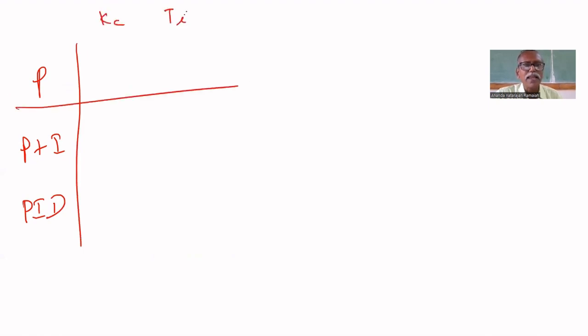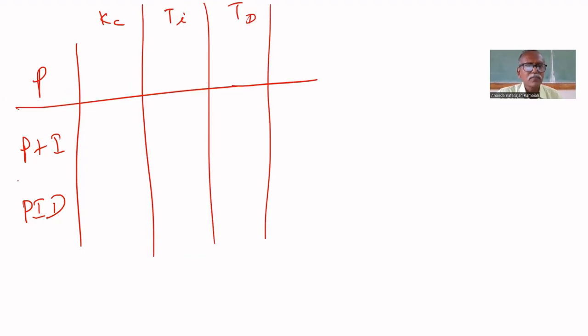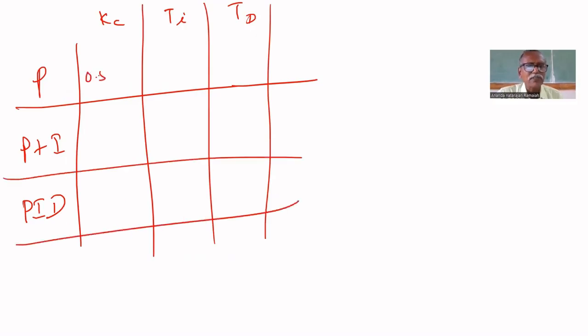Kc, Ti, Td you have to find. For P only it is 0.5 times K max, no Ti, no Td. For PI it is 0.45 times K max, Ti equal to Tu divided by 1.2, no Td.